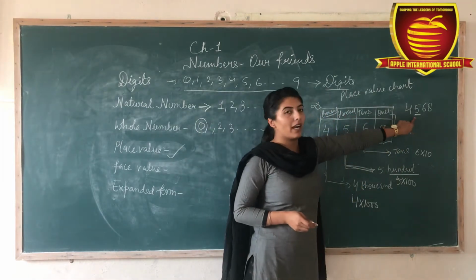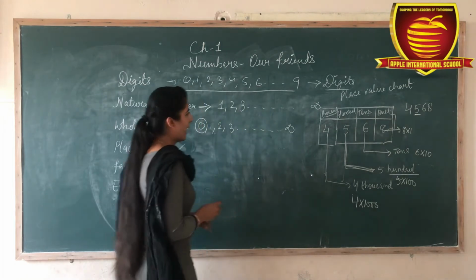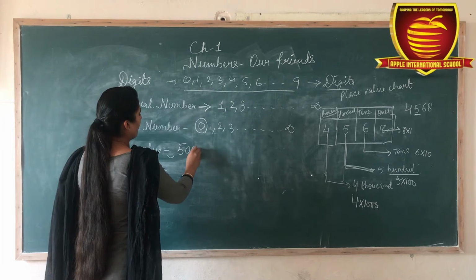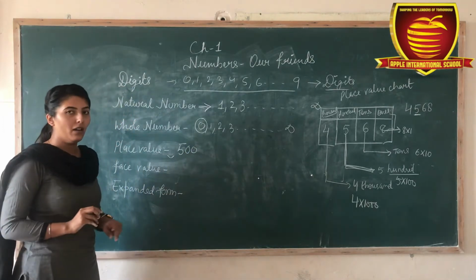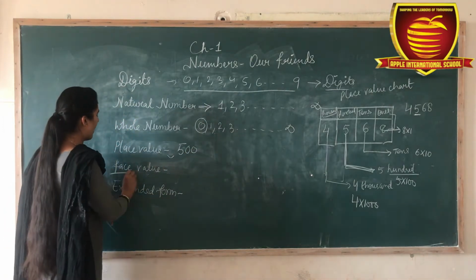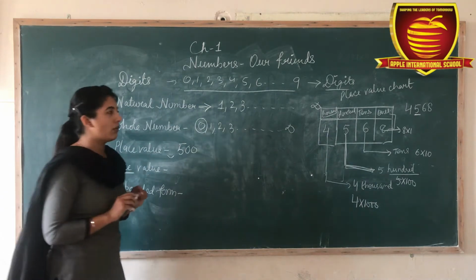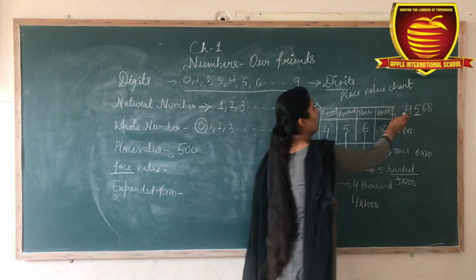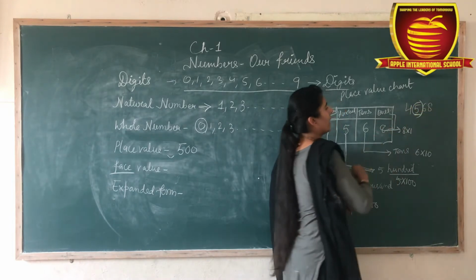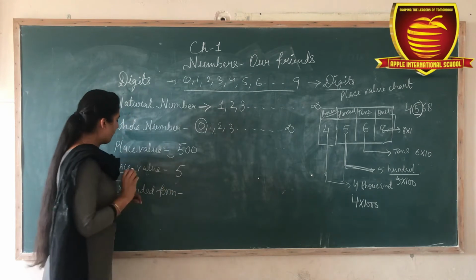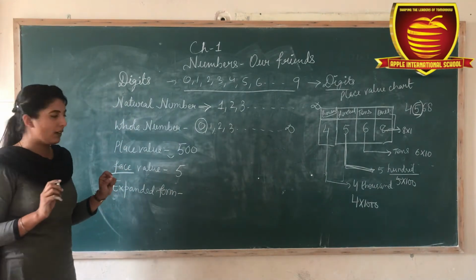Now I want to write the place value of 5. The place value of 5 is 500. Next is face value. What is the face value of 5? The face value of 5 is the number itself, so the face value of 5 is 5.